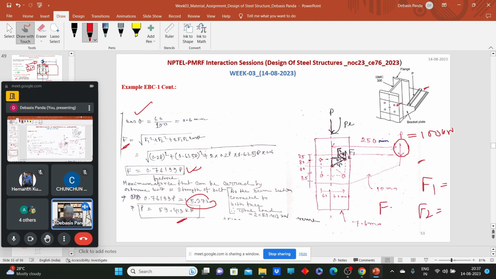Now you calculate the resultant force on the extreme bolt, F. Then check whether this F is less than or greater than the strength of the bolt. If the resultant force is more than the strength value, then your joint will fail. If the resultant value is less than the strength of the bolt, then your joint will sustain the load. Okay. By this way we can analyze this kind of joint.